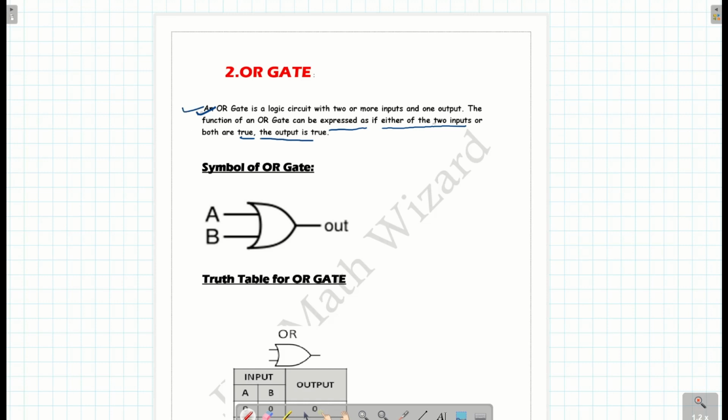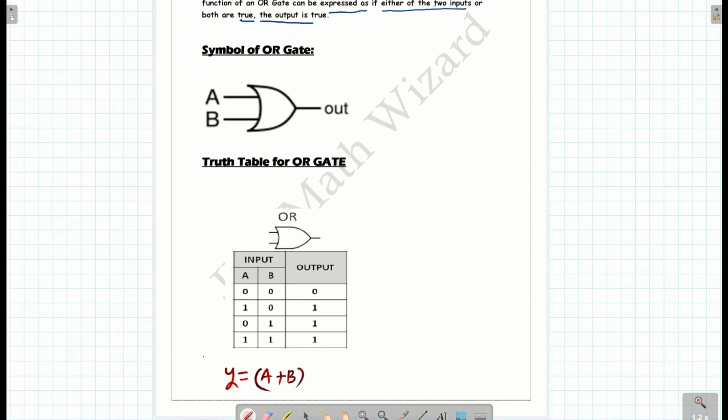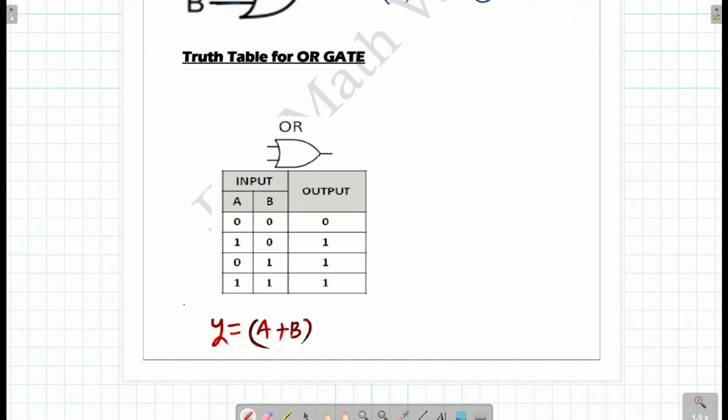So this is theory. Here the main thing we have to learn is this symbol, like how to represent it. Here also there are two inputs and one output, and let's consider this Z. So Z is equal to A plus B. Here we get the sum of inputs.